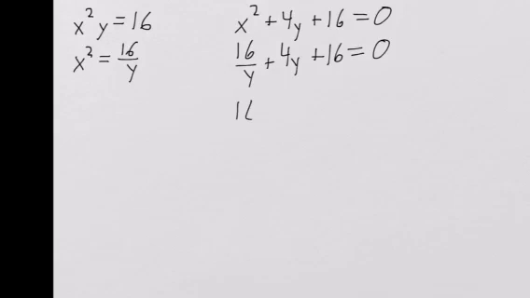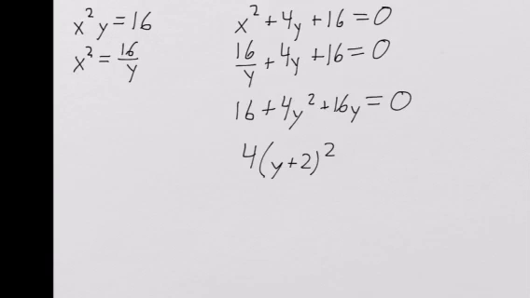So I get 16 plus 4y squared plus 16y is equal to 0. And it actually turns out this factors as 4 times y plus 2 squared equals 0. So we end up getting y equals negative 2.